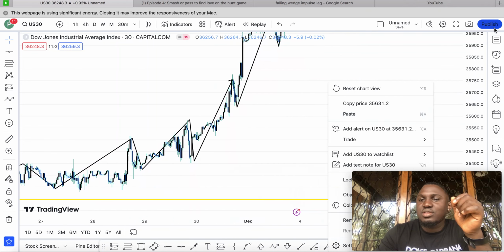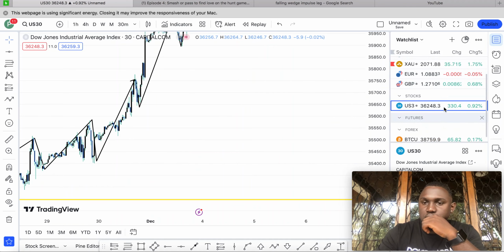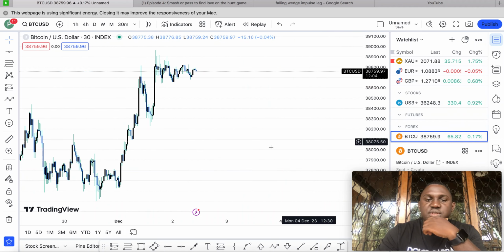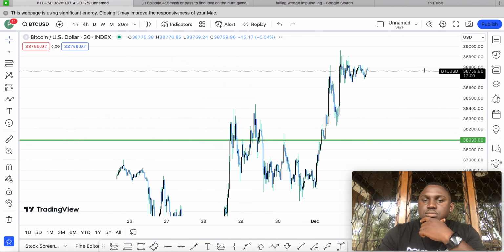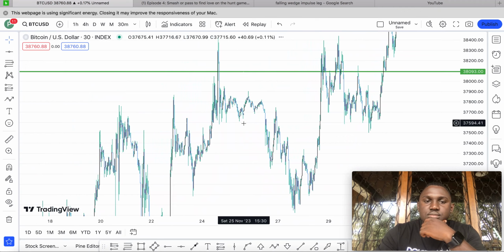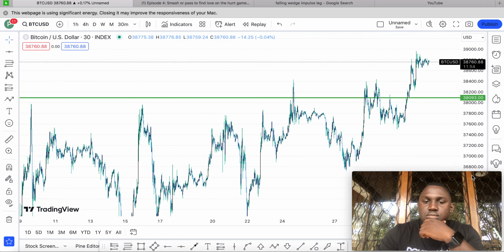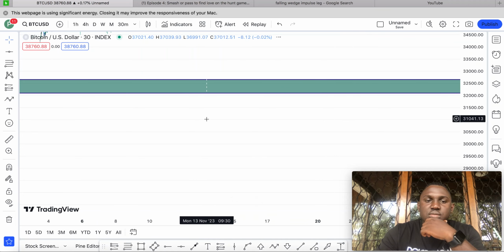All right, so let's take another example. What pair can we take? Let's see Bitcoin. Let's see if Bitcoin can give us some clean highs and lows. Bitcoin is just consolidating.